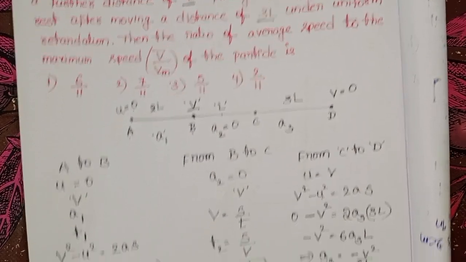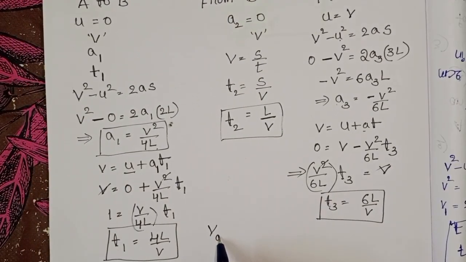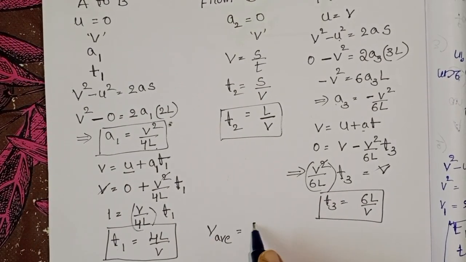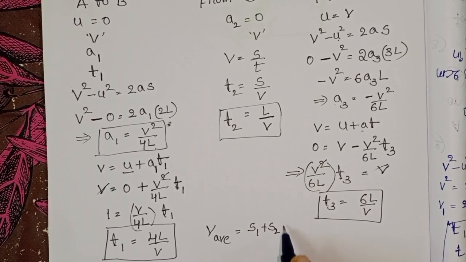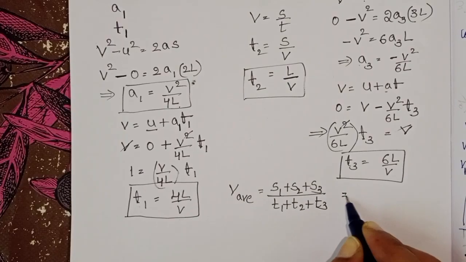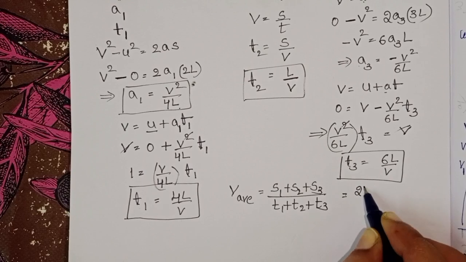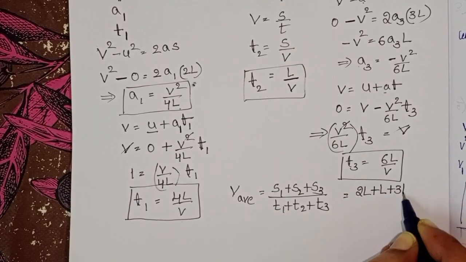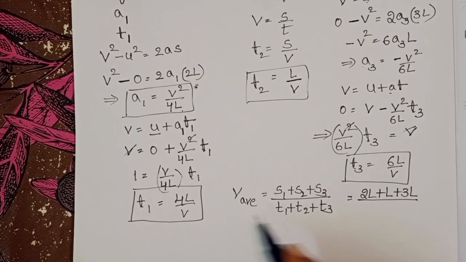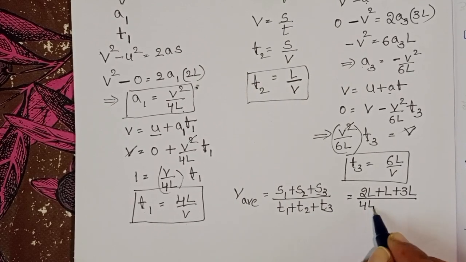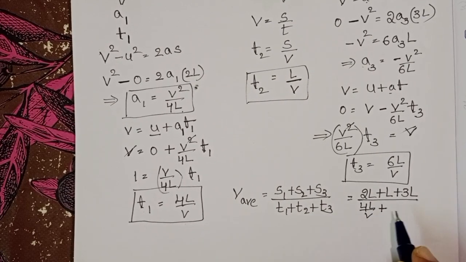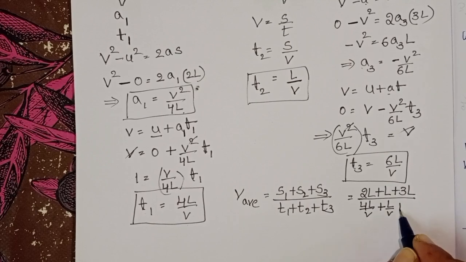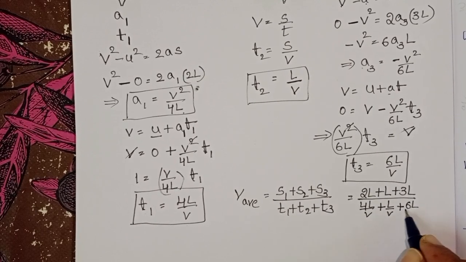Now find out the average speed. Average speed is equal to total distance by total time taken. The distances are 2l, then l, and finally 3l. Total time is t1 equal to 4l by v, plus t2 equal to l by v, plus t3 equal to 6l by v.